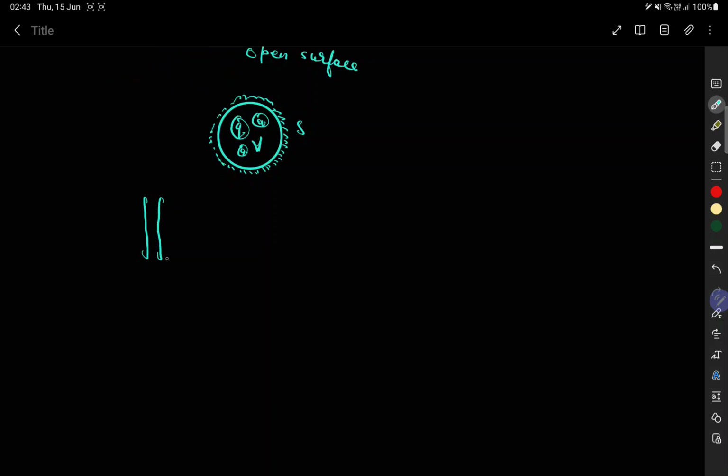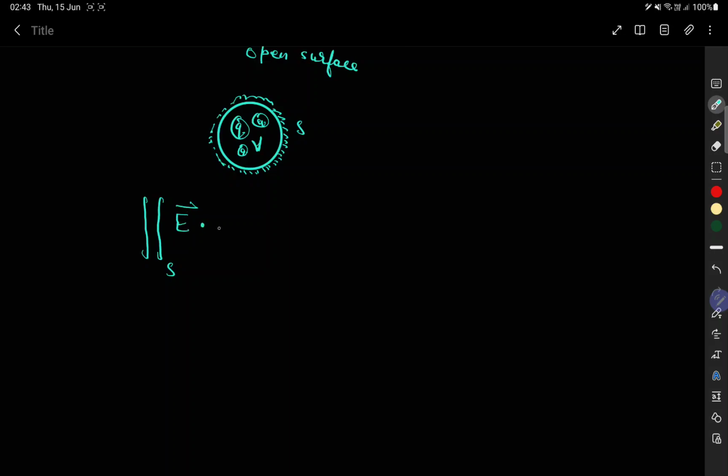We're considering the sphere for now, but I'll be proving this generalized for any general body, not just for spheres. So for any general closed body S, you want to take the flux on it.